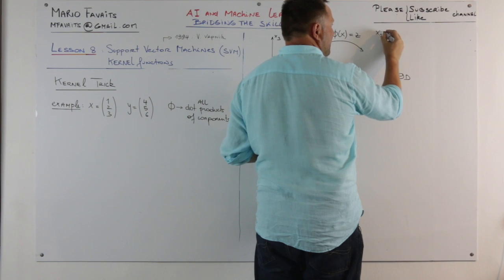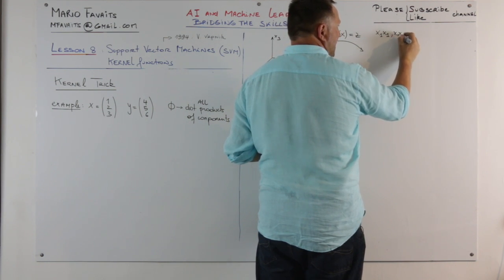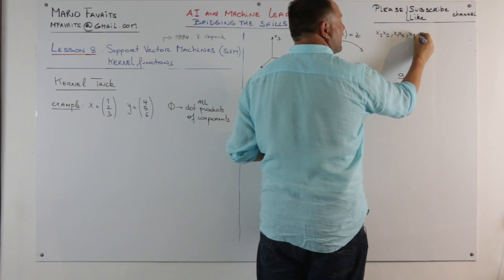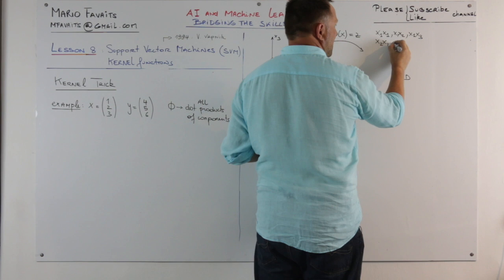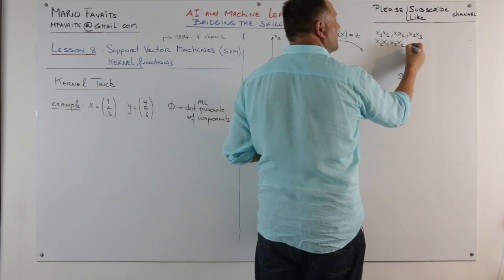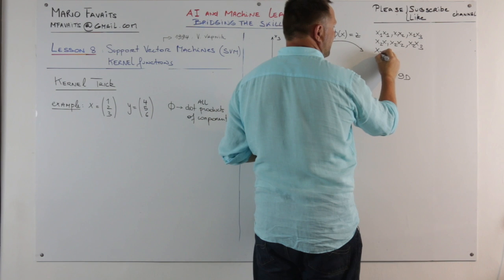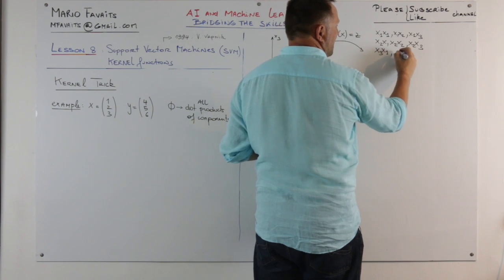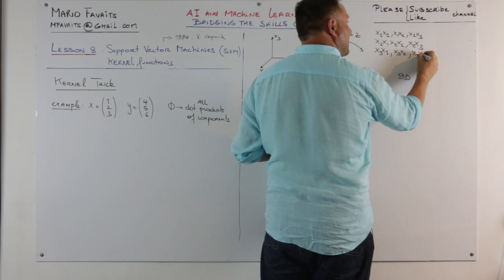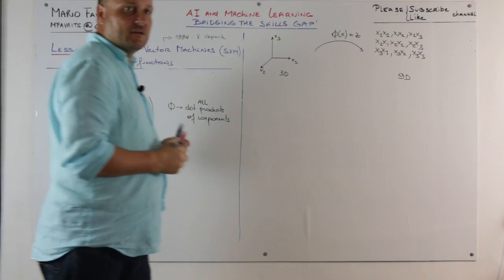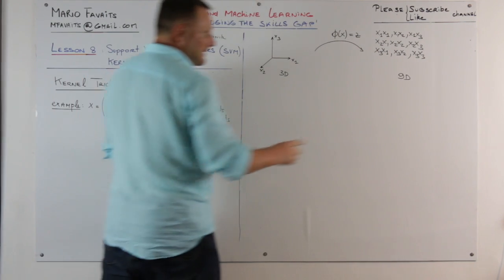So we have x1x1, x1x2, x1x3. Then we have x2x1, x2x2, and x2x3. And then we have x3x1, x3x2, and x3x3. So that is my transformation, and you see it's 9 dimensions.